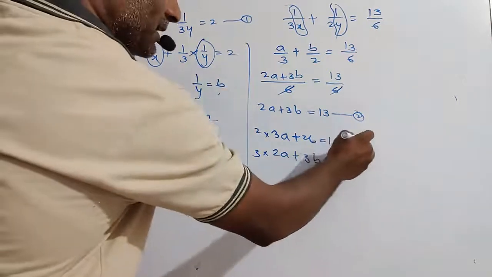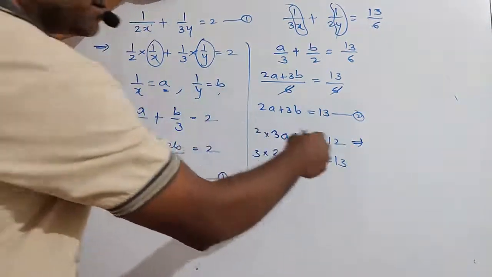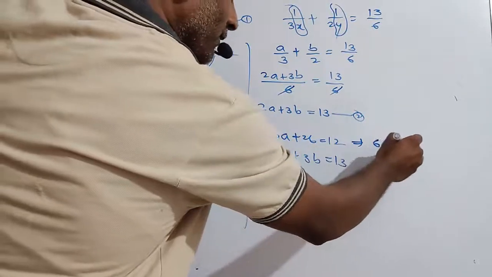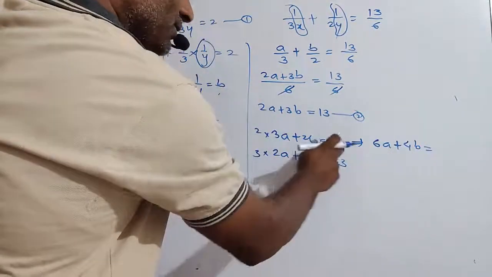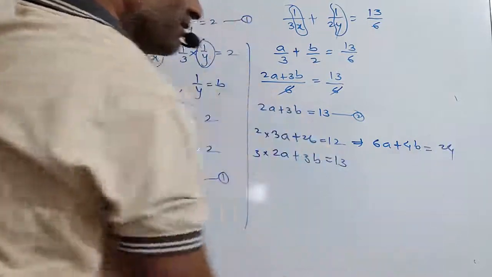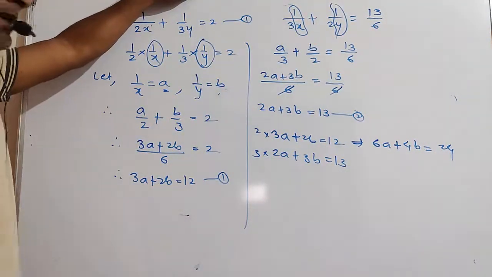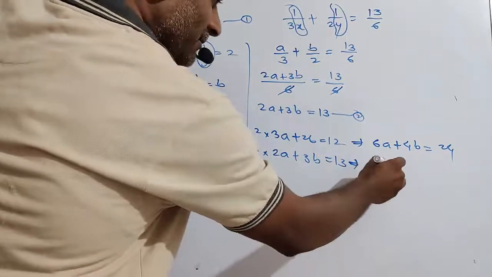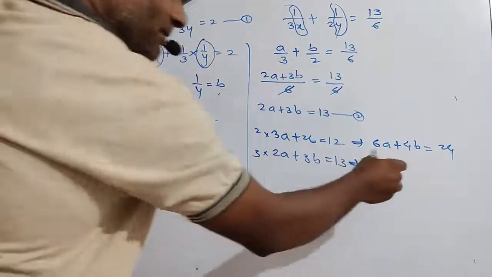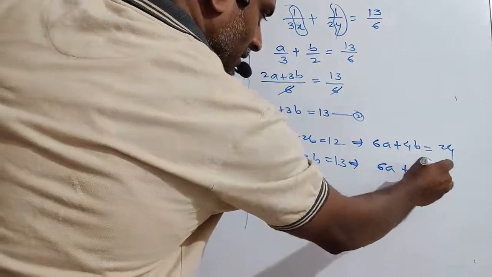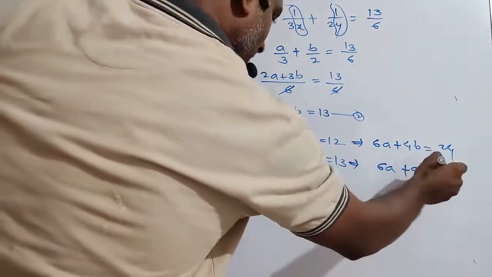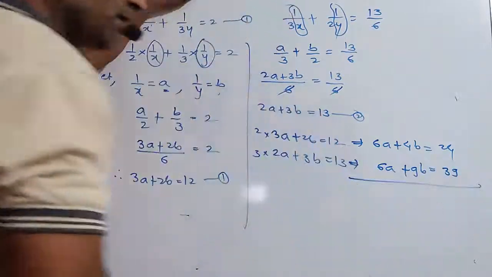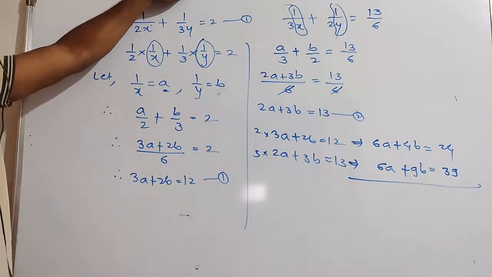If you multiply, you get 2 into 3 is 6, 6a, 2 into 2 is 4, 4b is equal to 2 into 12, 24. Similarly, 3 into 2 is 6a, 3 threes are 9b is equal to 3 thirteens are 39. We have to subtract these two equations.